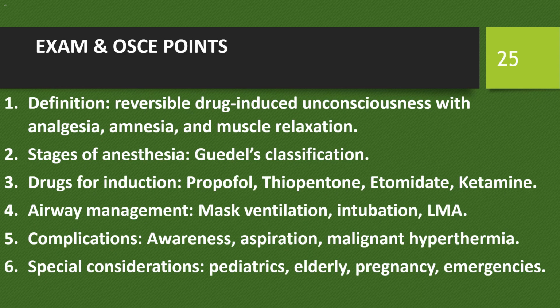Complications of general anesthesia. 1. Awareness. Patients may experience awareness or recall during surgery, which can be distressing. 2. Aspiration, inhalation of gastric contents into the lungs, can cause severe respiratory complications. 3. Malignant hyperthermia, a rare genetic disorder triggered by certain anesthetic agents, requiring prompt treatment with dantrolene.